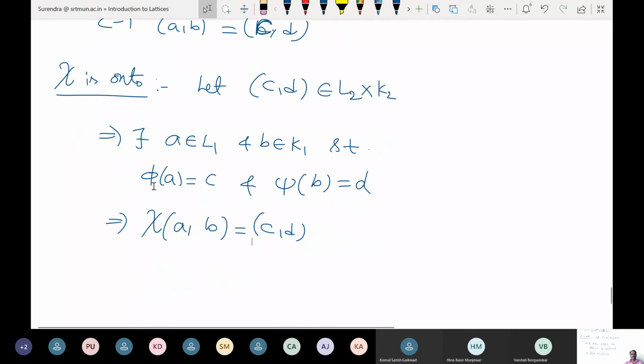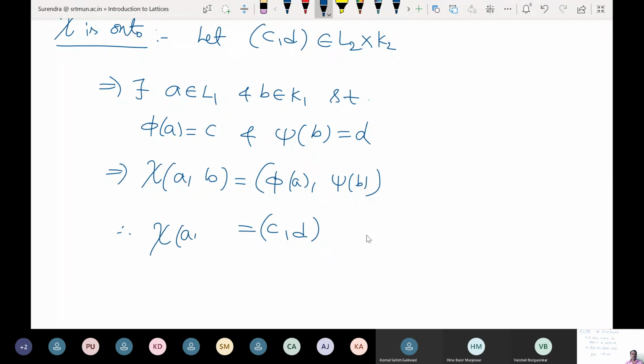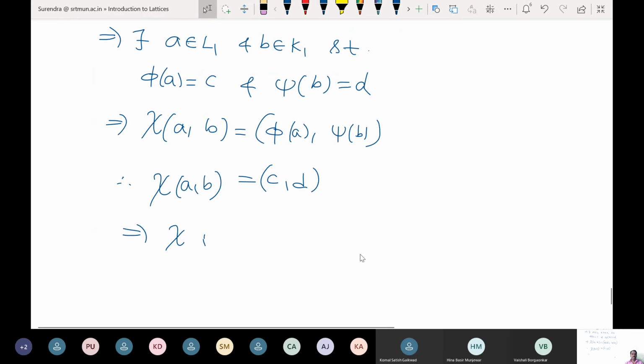By definition, chi of (A, B) is defined as (phi of A, psi of B), but phi of A is C here and psi of B is D. So therefore chi of (A, B) is (C, D). It shows that chi is onto. Now last one, we want to show that chi is a homomorphism.